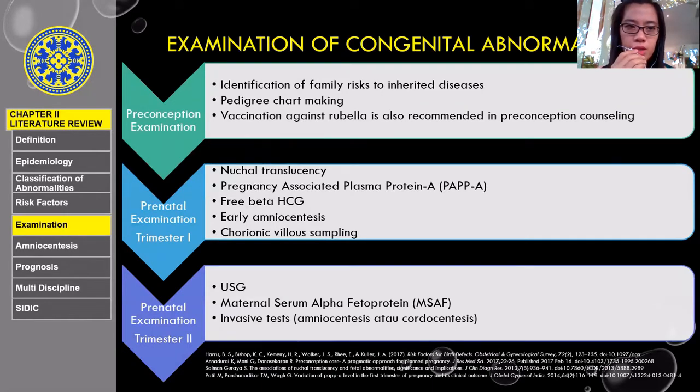The prenatal examination in trimester 1 we can do from nuchal translucency and checking the PAPPA, free beta HCG, and early amniocentesis and chorionic villus sampling. While in second trimester we can examine it from the ultrasound, the maternal serum alpha fetoprotein, and from amniocentesis or cordocentesis.